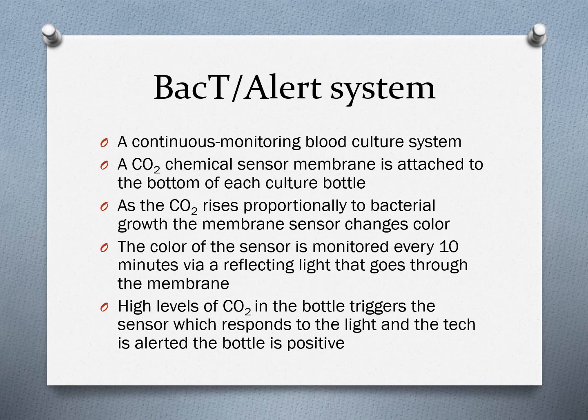The color of the sensor is monitored every 10 minutes on a machine via a reflecting light that goes through the membrane. If there are high levels of CO2 in the bottle, that triggers the sensor, which responds to the light, and the tech is alerted that the bottle is positive. The membrane is pH sensitive, which contributes to the sensor noticing a color change. This is not using fluorescent light of any kind.